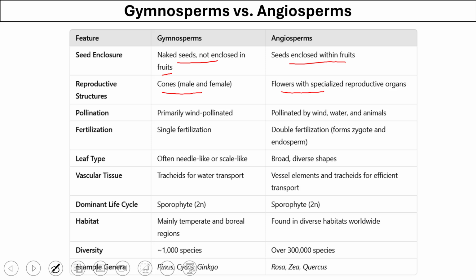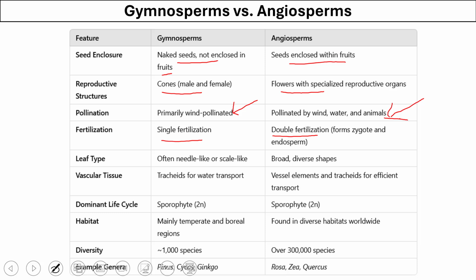Primarily, the pollination occurs through wind in gymnosperms, and it occurs through wind, water, and animals in angiosperms. There is single fertilization event in gymnosperms but double fertilization event in angiosperms.